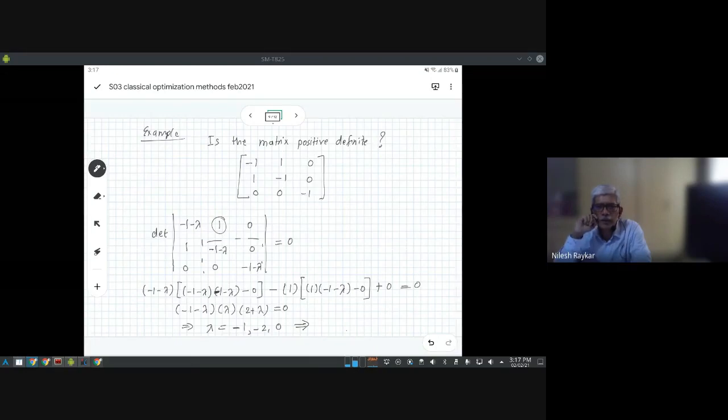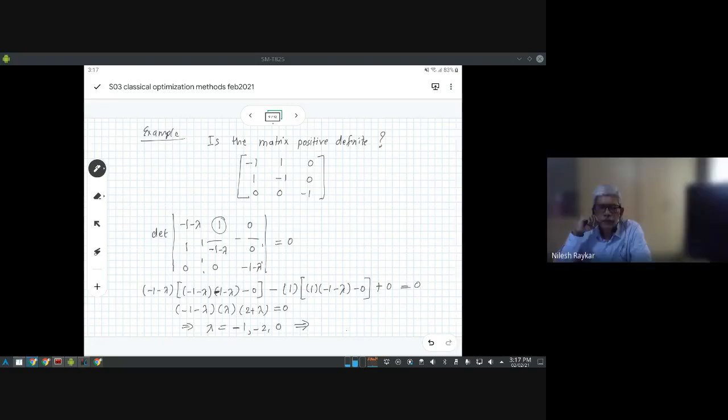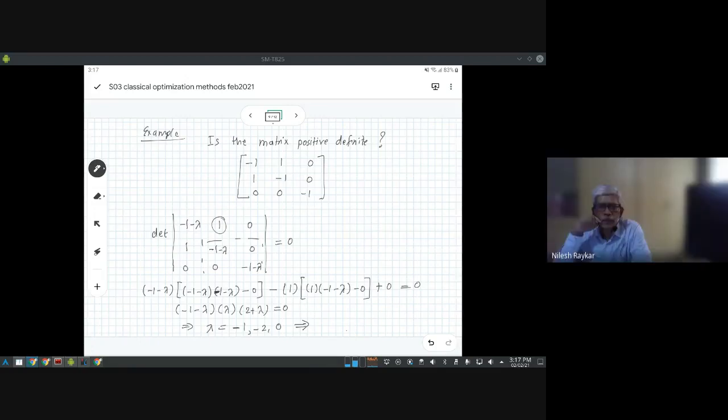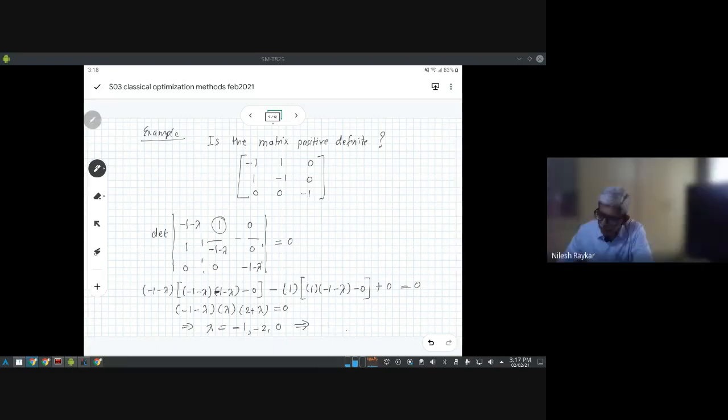So what is the reason, Karthik? The eigenvalues are negative. 2 eigenvalues are negative and 1 is 0. Okay. So for being positive definite, what is the condition? All of the values should be positive, and none of them should be 0 or negative. So this implies this is not positive definite.